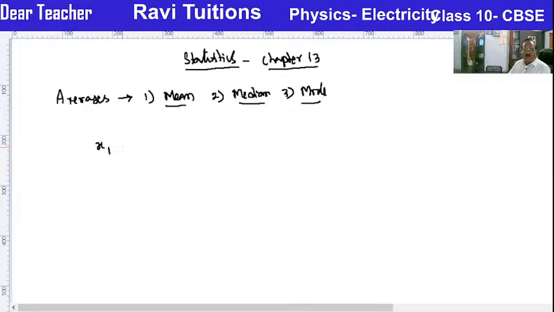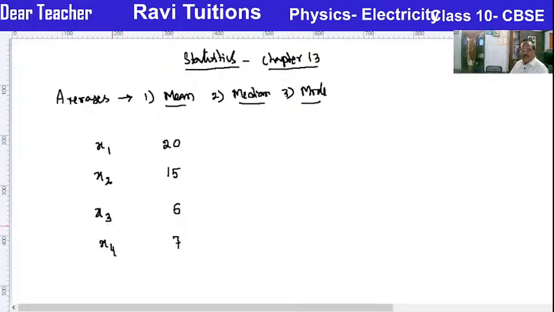Suppose there is x1. x1 can be anything, it is a variable. x1 may be the number of cars, Maruti cars, let us say, so the number of cars is 20. x2 is another type of cars, maybe 15. x3 is another type of cars. So x1, x2, x3 can be anything, even numbers.